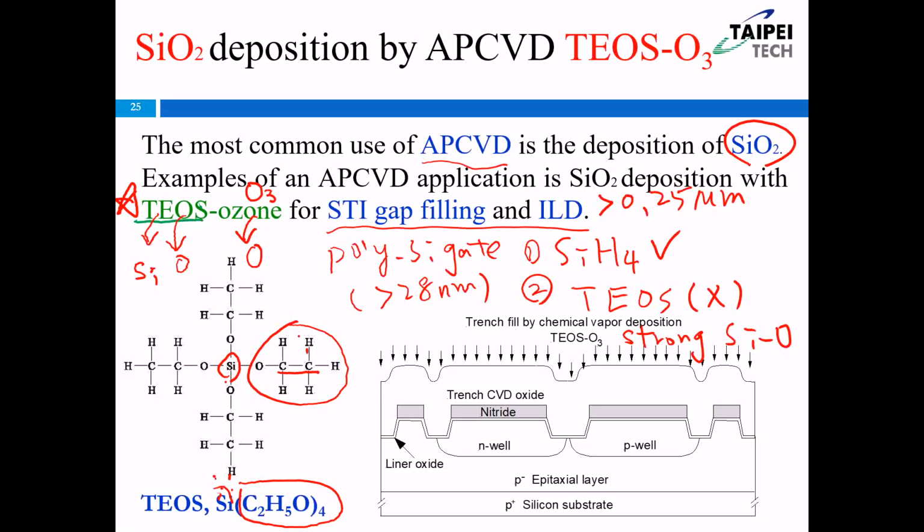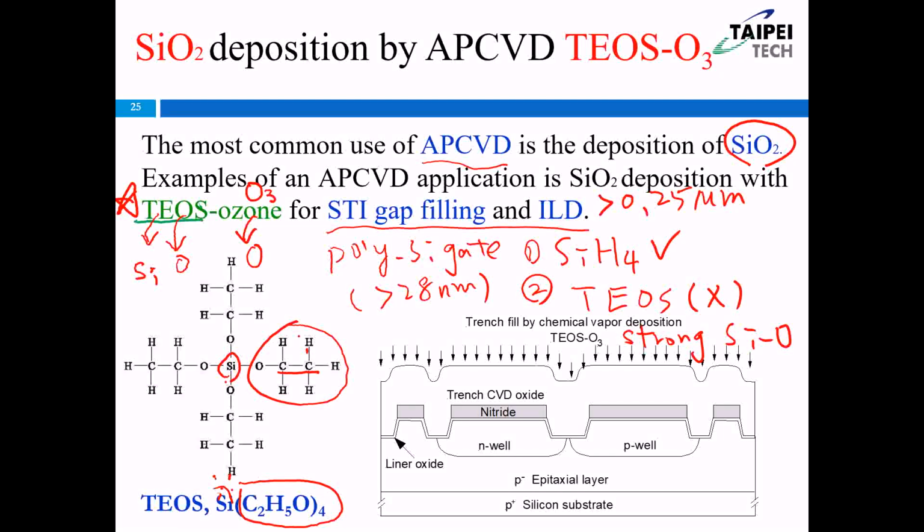So the next question will be: if I want to deposit SiO2, silicon dioxide, why does the industry want to use TEOS and ozone, rather than silane and ozone? Why? This is the next question.